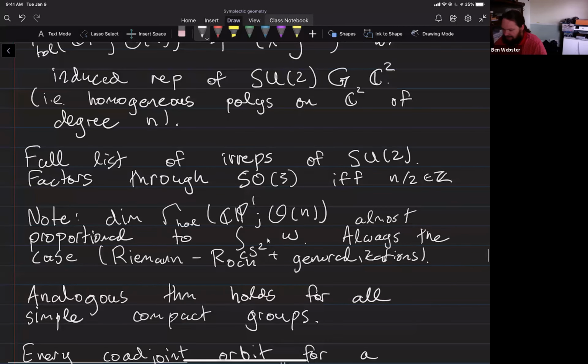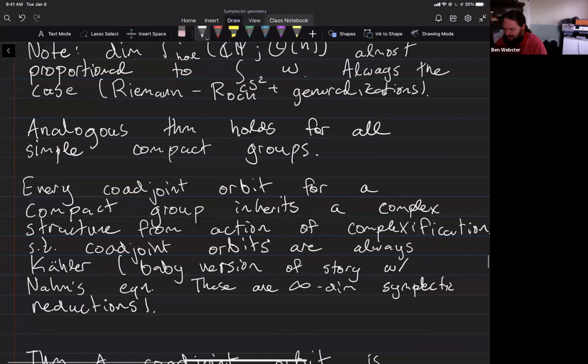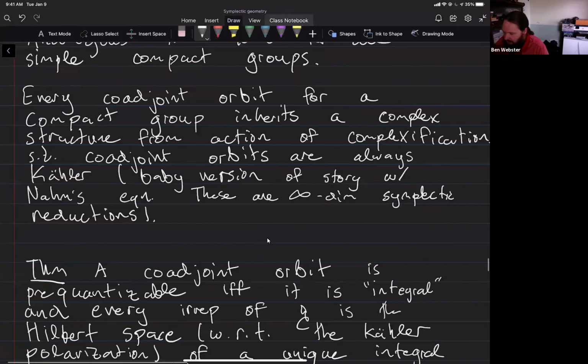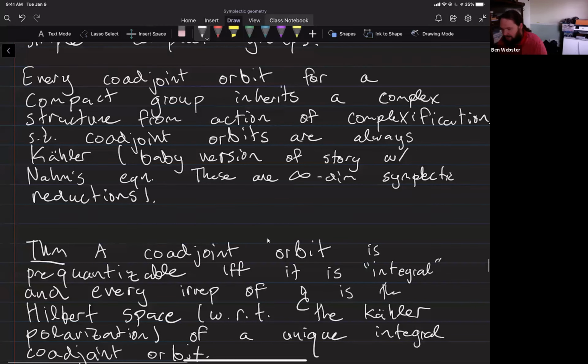So actually, this is one of these general facts about simple compact groups. If you know how to do it for SU2, probably you can figure out how to do it in general. Every coadjoint orbit for a compact group inherits a complex structure because it's actually a homogeneous space for the complexification of the group. And coadjoint orbits are always Kähler.